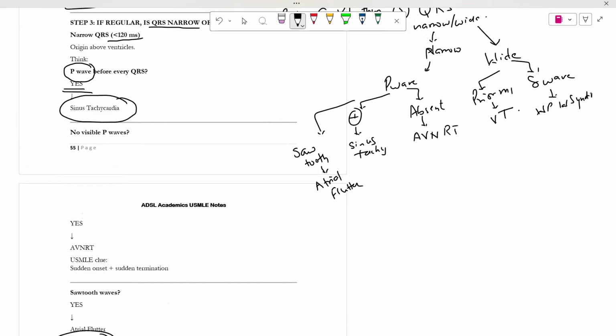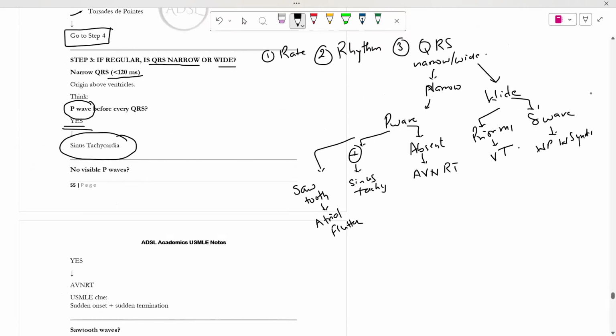All right. So how did we reach this algorithm? Very simple. First, we found out rate, that was tachy. Then we said rhythm, that is regular. And because the rhythm was regular, we came to this third question, that is QRS. Is it narrow or is it wide? When it was narrow, then we saw the P wave.